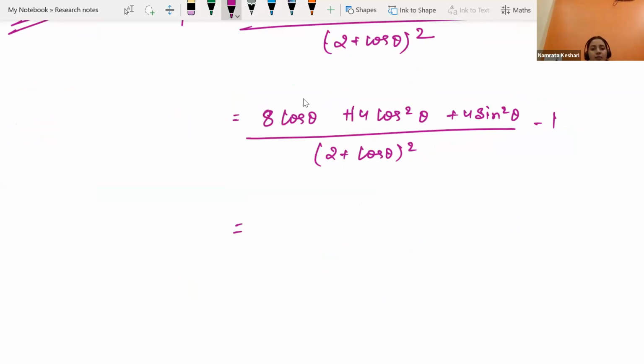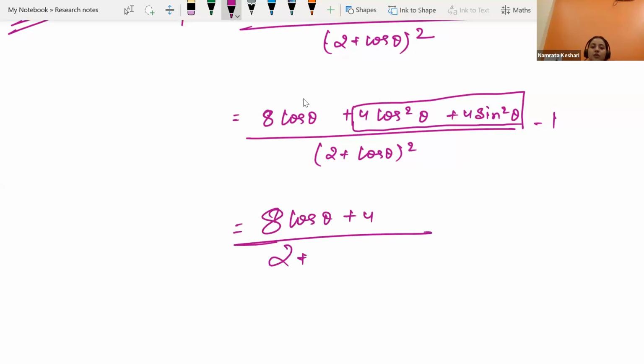Are you getting anything from these two terms? So it looks like 8 cos theta plus 4 by 2 plus cos theta whole square minus 1. Now we still need to do the simplification over here, right? Yes. Okay, let's do it.